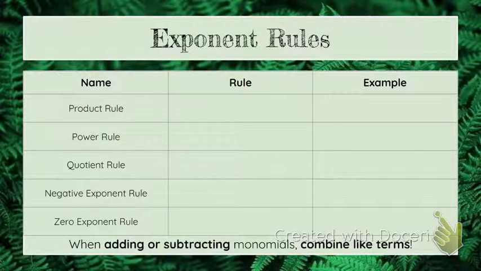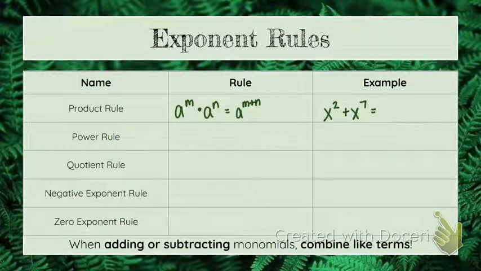So the product rule says that whenever you have a to the m power times a to the n power, so they have to have the same base, but they can have the same or different exponents, you add those two powers together. Okay, and so what that looks like as an example would be x squared plus x to the 7th equals x to the 9th, because 2 plus 7 is 9.